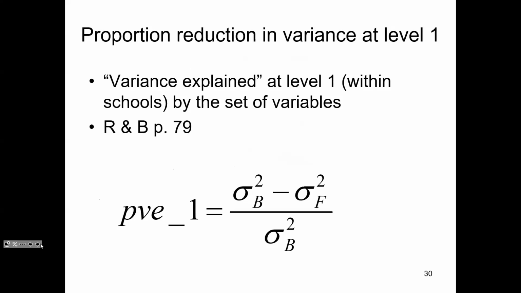I do want to express a caveat, though: when I compute the proportion of variance explained measures, it's really best to do this with two models that have the same structure in terms of the variance components. The best way to look at the proportion of variance explained at level 1 by SES is to compare the null model and the random intercepts model.